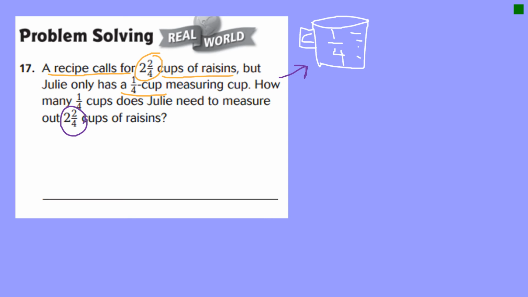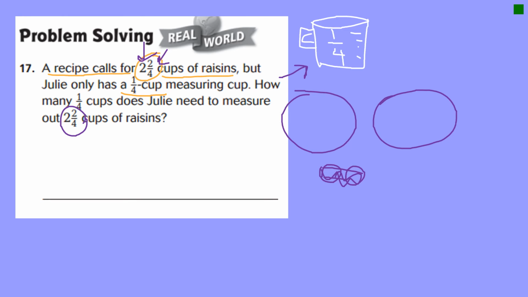So let me see here. She has 2 whole cups and then 2/4. No, I shouldn't draw them like that.